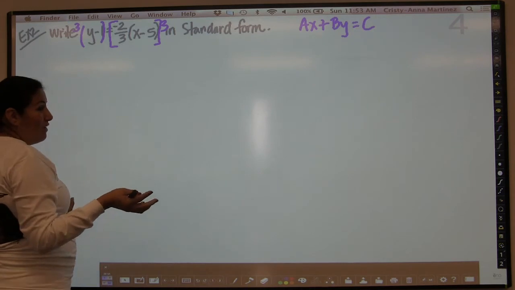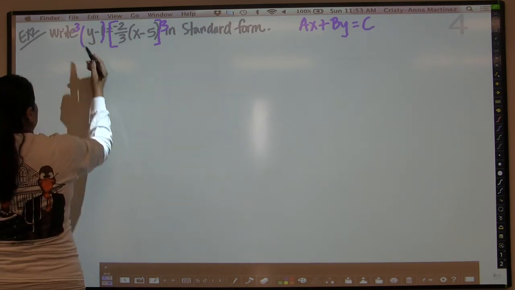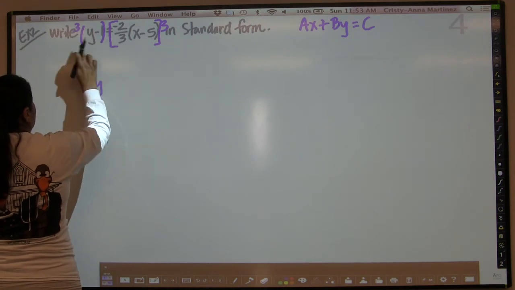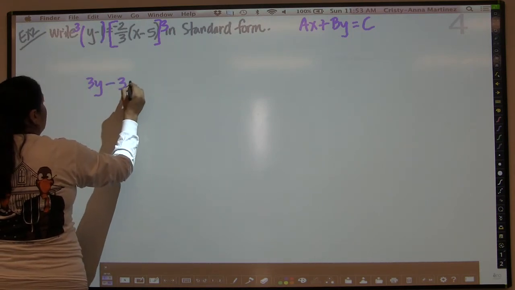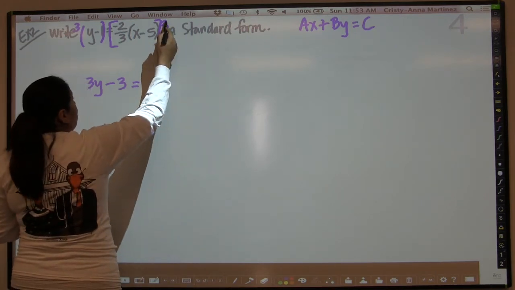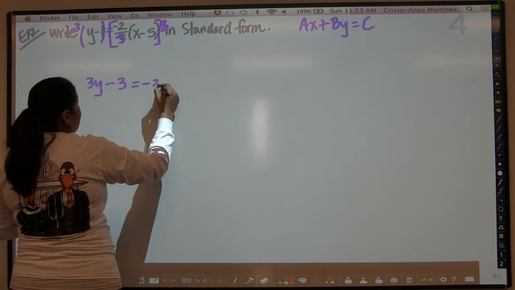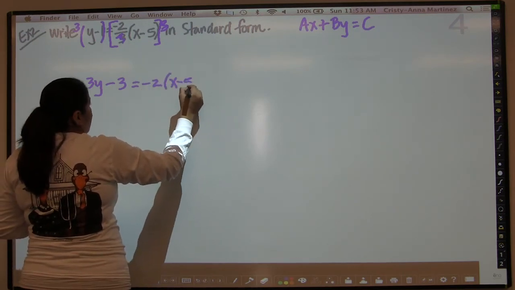Now, if I didn't have a fraction, I could skip this step. But since I do, 3 times y is 3y. 3 times -1 is -3. And then my 3 times -2/3, my 3 on the top and my 3 on the bottom are going to cancel. And I'm just going to get -2 times x minus 5.